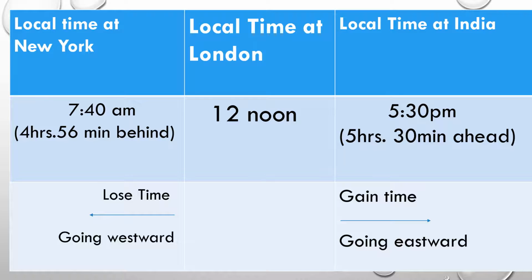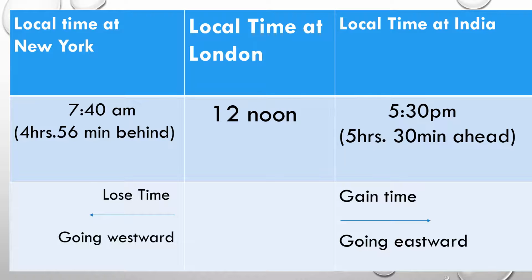So here the local time of New York will be 7:40 a.m. That means 4 hours and 20 minutes behind the local time at London, that is 12 noon. So we have to subtract, that is 11, 10, 9, 8. So the time is 7:40 a.m. This is the local time at New York.